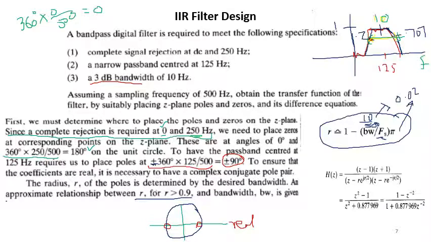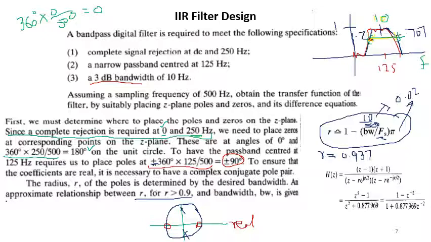You can calculate it with a calculator and subtract it from 1 to get the approximate value, so r equals 0.937. So something like this one and this one, right?